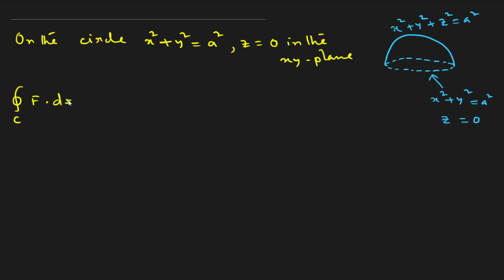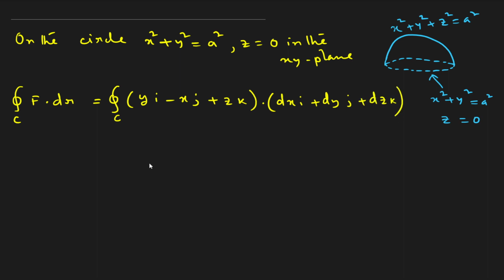F dot dr. So this is equal to integration over c, where F is yi minus xj plus zk, and dr we can write as dx i cap plus dy j cap plus dz k cap. So this is equal to integration over c. If you find the dot product, it will be y dx minus x dy.